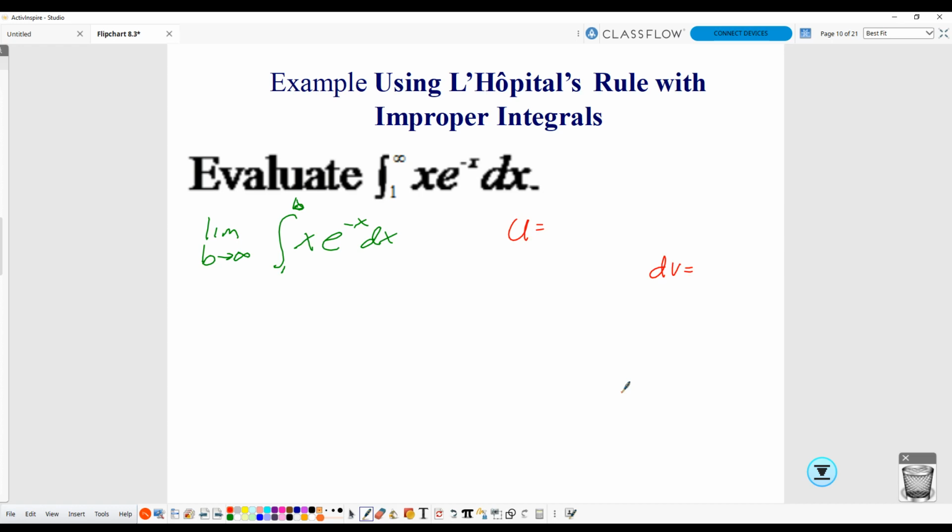I forgot. What's the u value? x. What's the du? One. Oh, you said du. Okay, du is 1 dx. What's the integral of e to the negative x? Negative e to the negative x. You guys remember this?